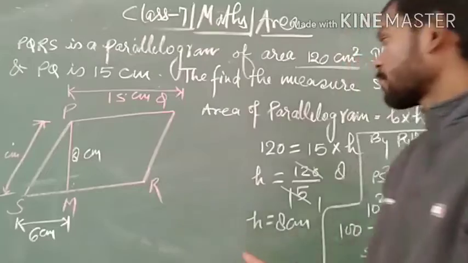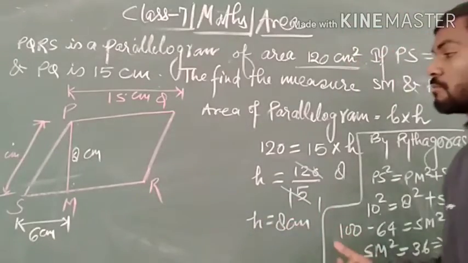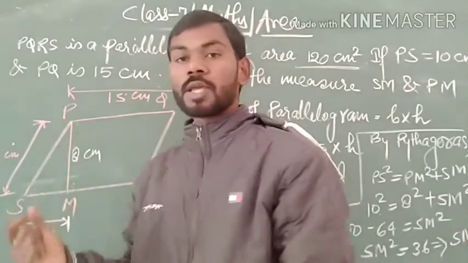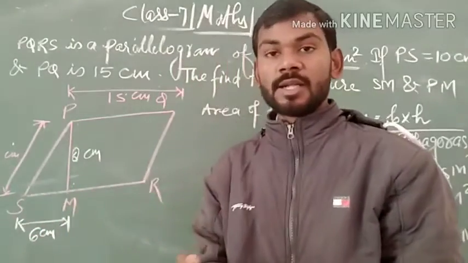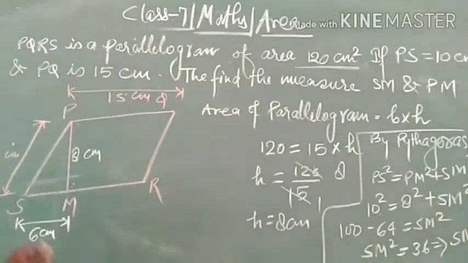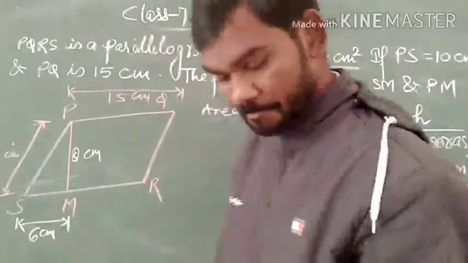Next, we have to find the value of SM. Since in the figure we can see that SPM is a right angle triangle, using Pythagoras theorem we again get the value of SM, which is equal to 6 centimeter. Okay. Now let us see the next question.